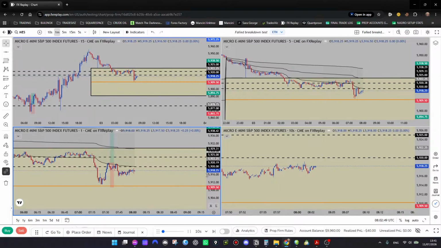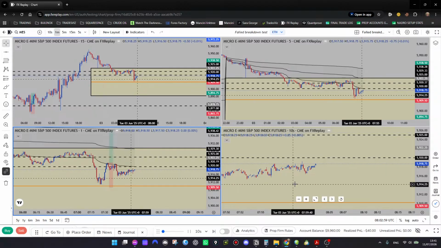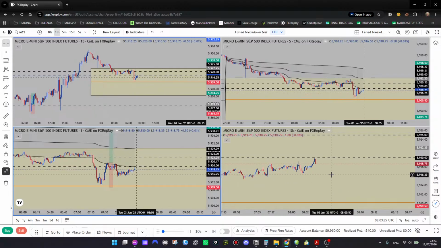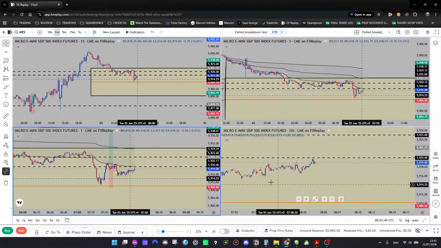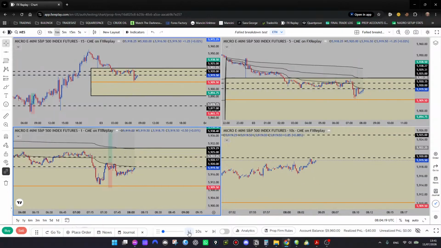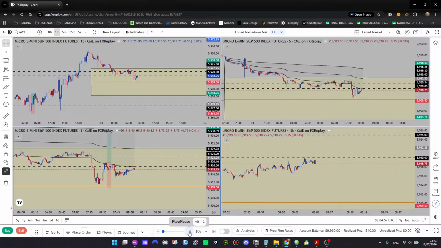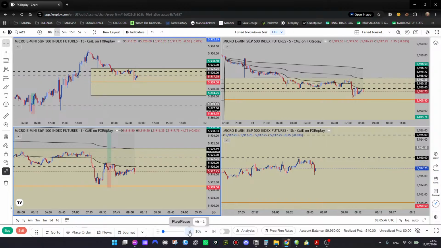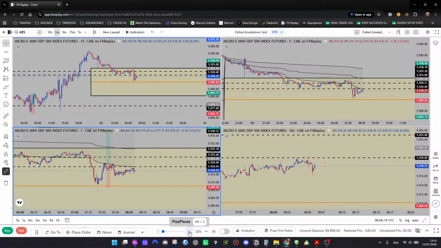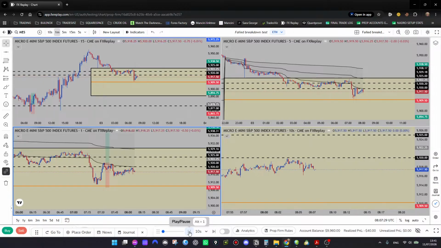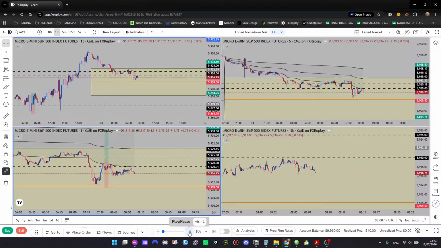Very slow. Just going slow now so I don't miss the entry. Big rejection, and yet you see price is coming back. Let's see. Price is returning. Nothing yet.